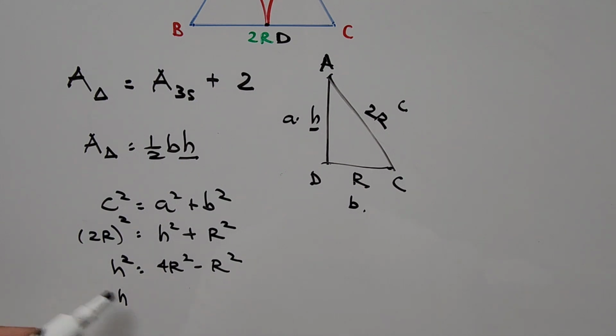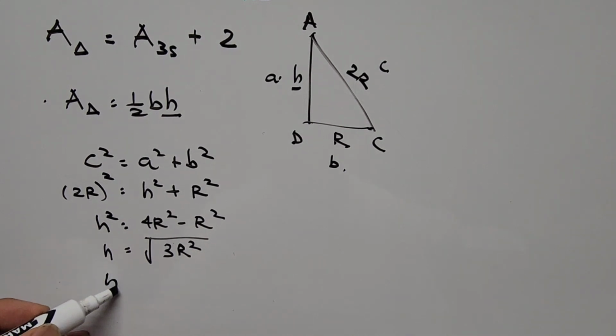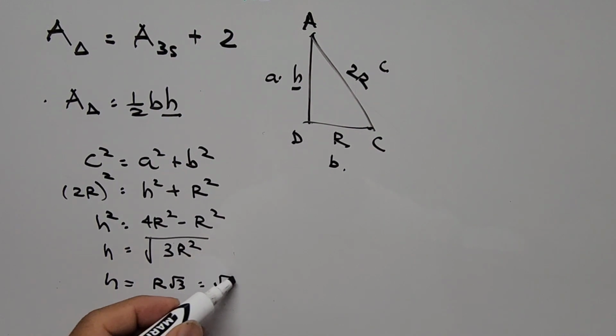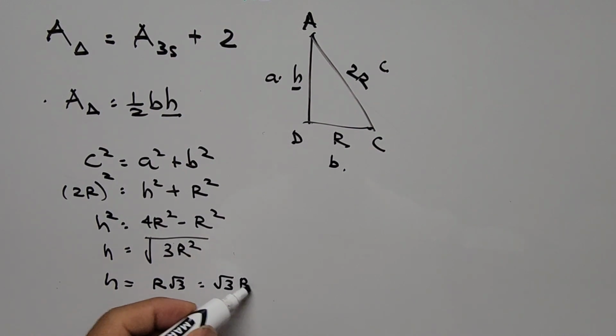Solving for the height is the square root of 4r squared minus r squared, that is 3r squared. So we have here the height is equal to r square root of 3, or that is equal to square root of 3 times r.